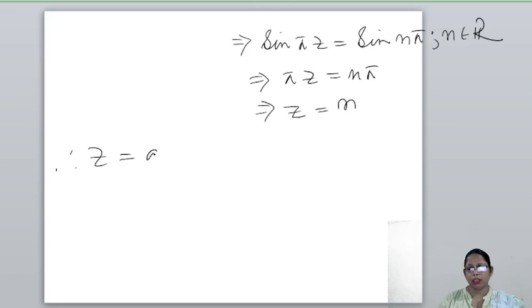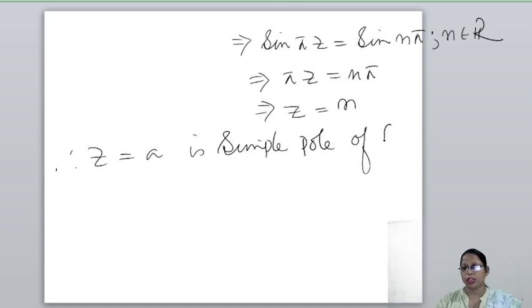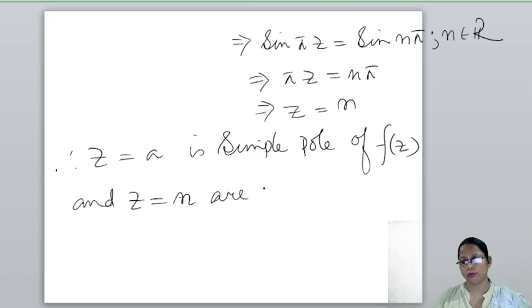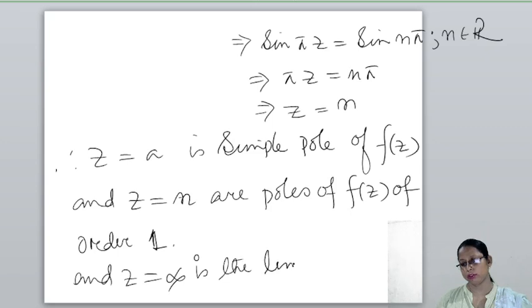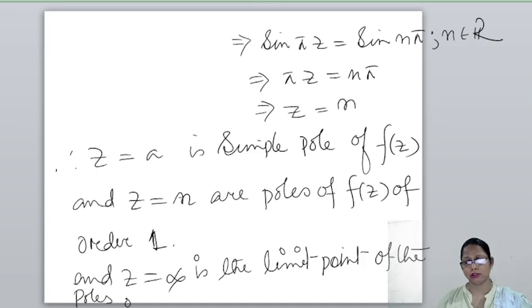Therefore, z equal to a is a simple pole of f(z), and z equal to n are poles of f(z) of order 1, and z equal to infinity is the limit point of the poles of f(z).